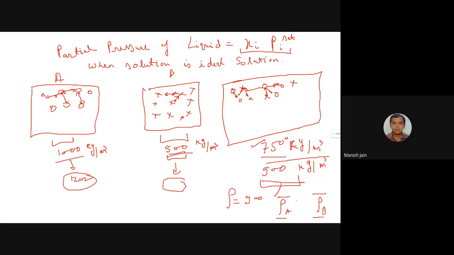The partial property is the density of component A and component B inside the solution, which is not equal to the density of the pure component. So rho A is not equal to rho A dash and rho B is not equal to rho B dash.